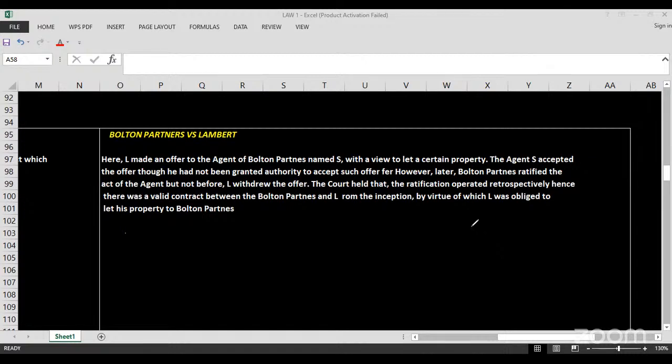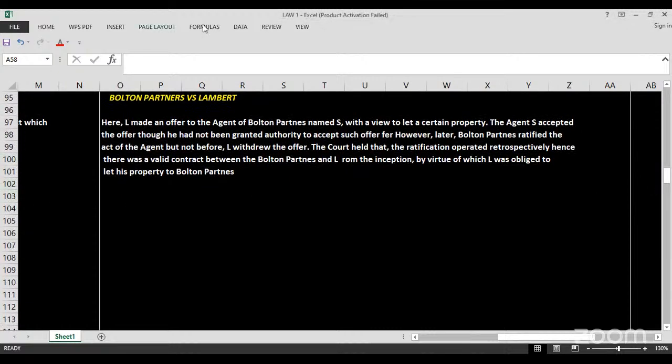Bolton Partners versus Lambert. Okay. Here, L made an offer to the agent of Bolton Partners, named S. So there is a person called L who made an offer to the agent of Bolton Partners.